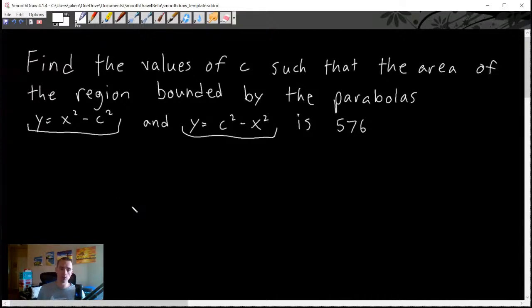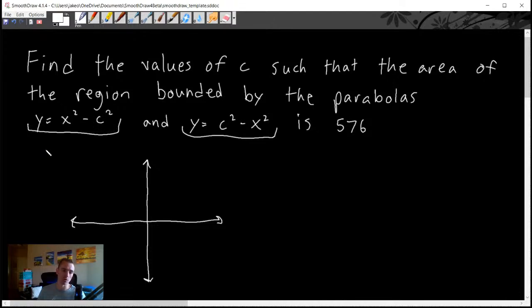So what we should do first of all is draw a sketch of what we're dealing with here. So let's go ahead and start with that. Let's think about what each of these functions is going to look like. First we'll start here, y equals x squared minus c squared. Like I said, x is our variable. So basically we have x squared minus some constant, right?